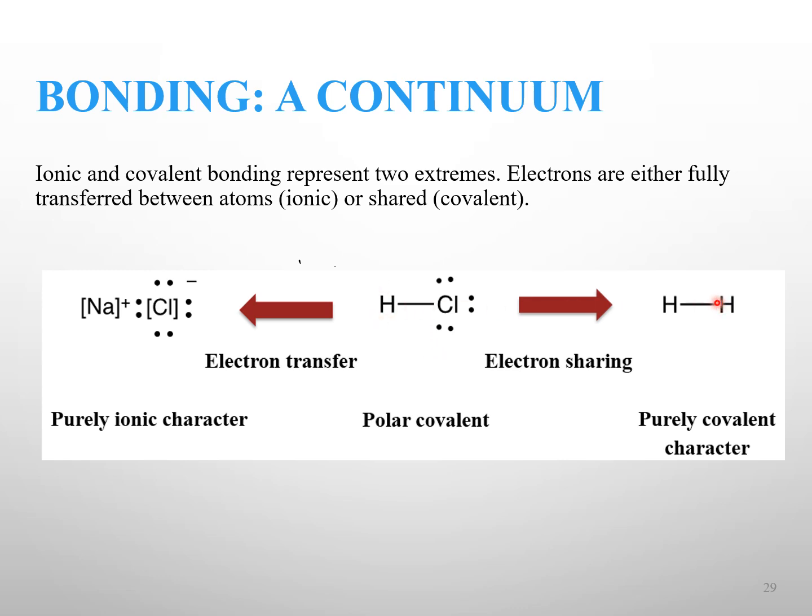Hydrogen and hydrogen are equals, so they share evenly. They're purely covalent in character, or we like to call it a nonpolar covalent bond. Ionic is completely the opposite, where you don't just share lopsidedly. This one takes all the electrons and this one has no more electrons, well, valence electrons anyway.